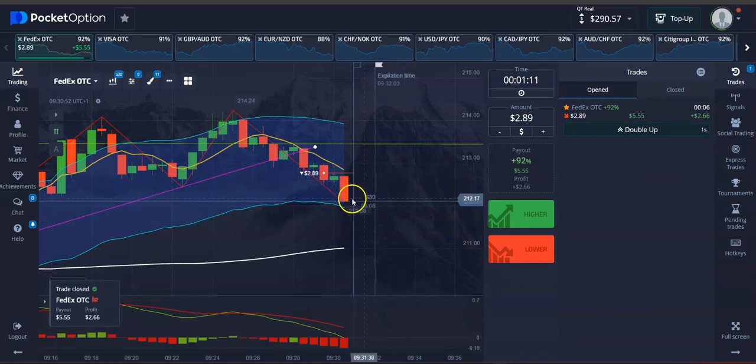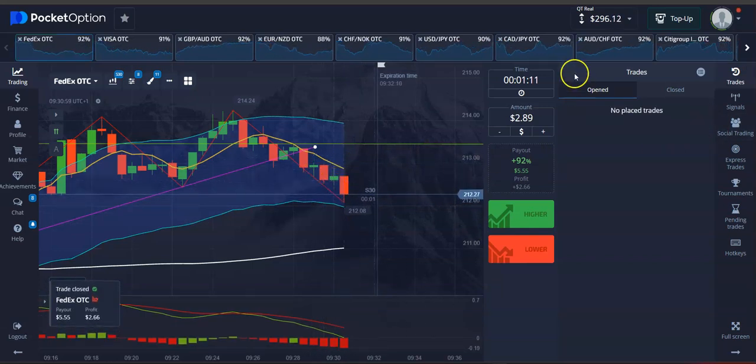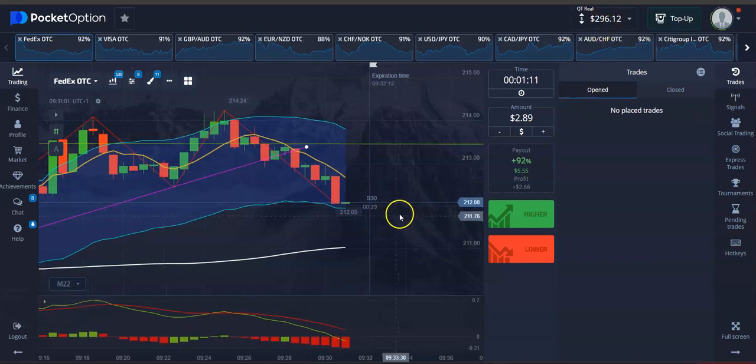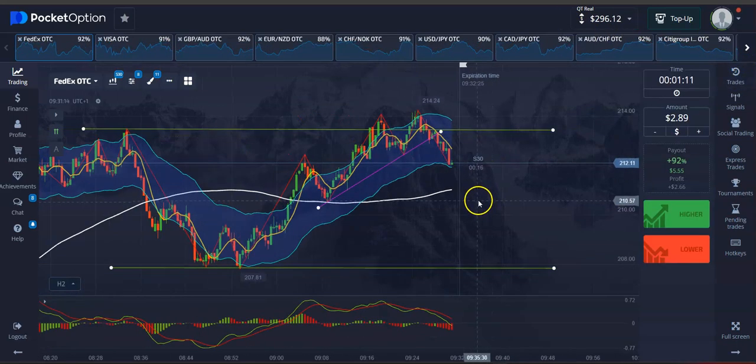So we clear the first one, and potentially we're going to clear the second one, and we good. Okay, 296, right? So we are 9 bucks away to achieve our daily target, our goal, which is 305 bucks. Okay, so let's continue the trading session and let's look for the new opportunity.